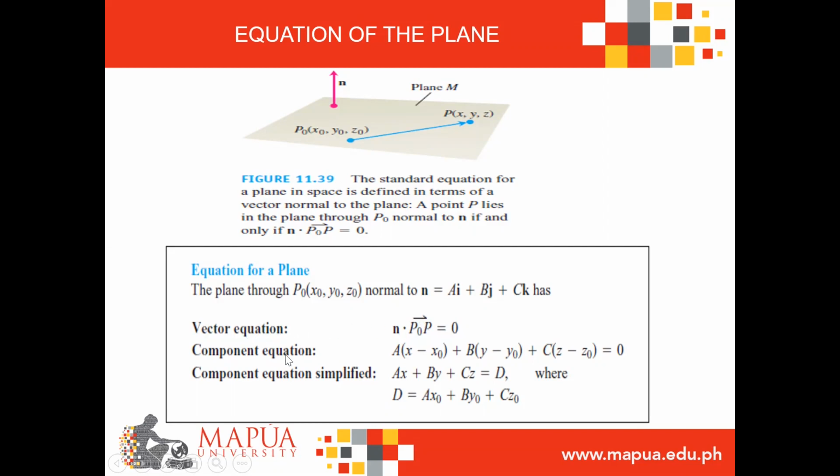Then the component equation of the plane is a multiplied by x minus x sub 0 plus b multiplied by y minus y sub 0 plus c multiplied by z minus z sub 0 equals 0.